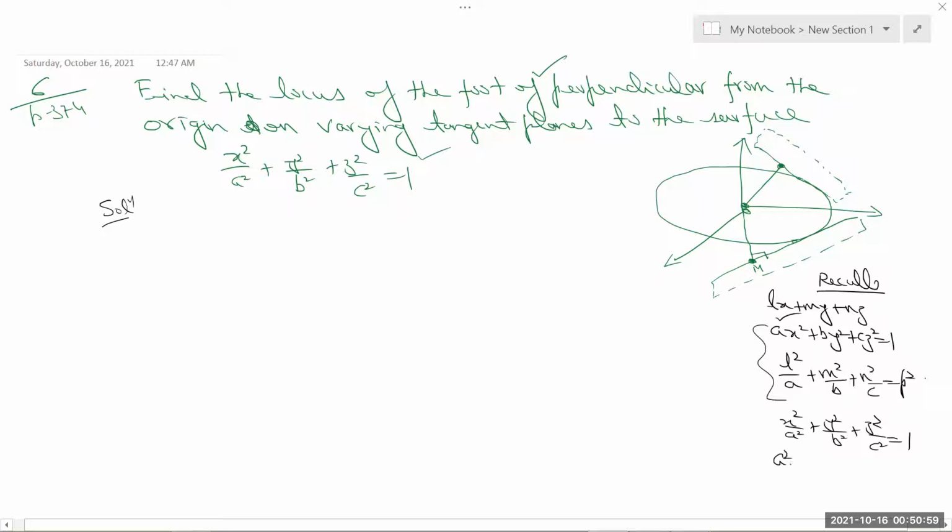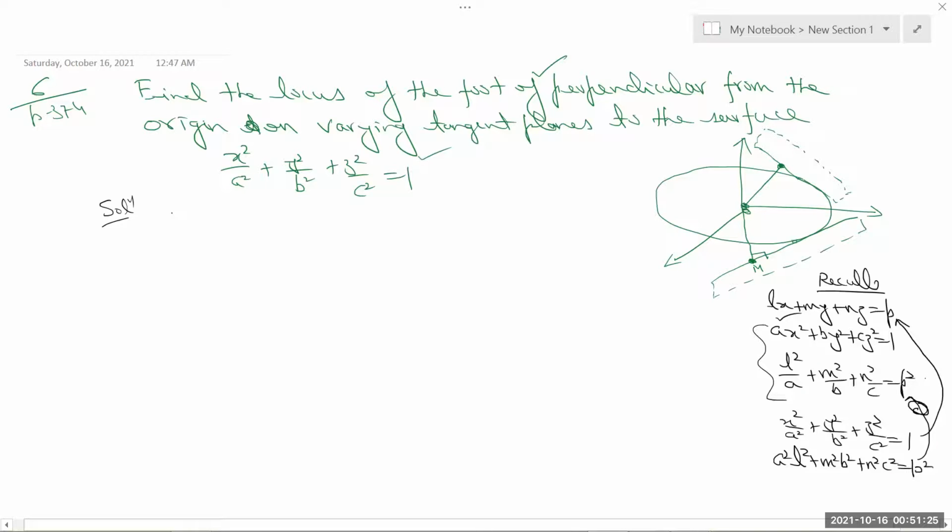So the equation will be a square L square plus m square b square plus n square c square equal to p square. And one can replace the value of p here.